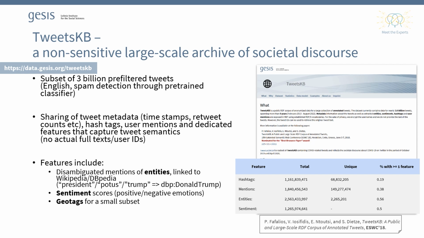It is a subset of 3 billion pre-filtered tweets which share tweet metadata, hashtags, user mentions, and dedicated features that capture tweet semantics, like for example, mentions of entities linked to Wikipedia and DBpedia, sentiment scores about emotions, and geotags for a smaller subset.